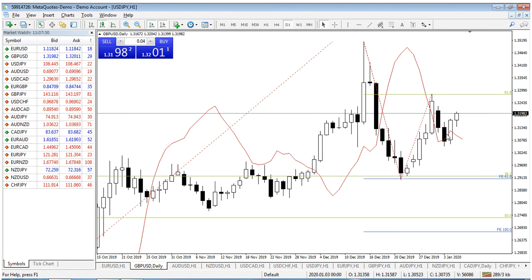Nevertheless, I always stick to my plan, and it went down, it came up, and I closed my sell position at the break even. So now the scenario is different, and I am canceling my sell scenario, and now we will be looking for the buy scenario.